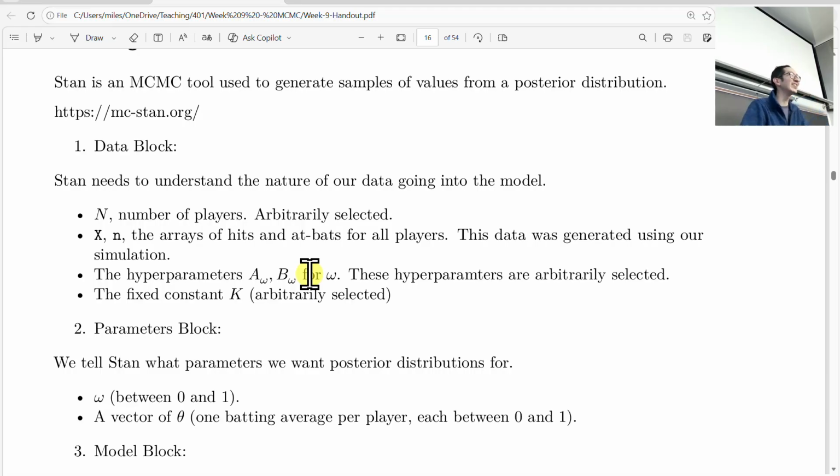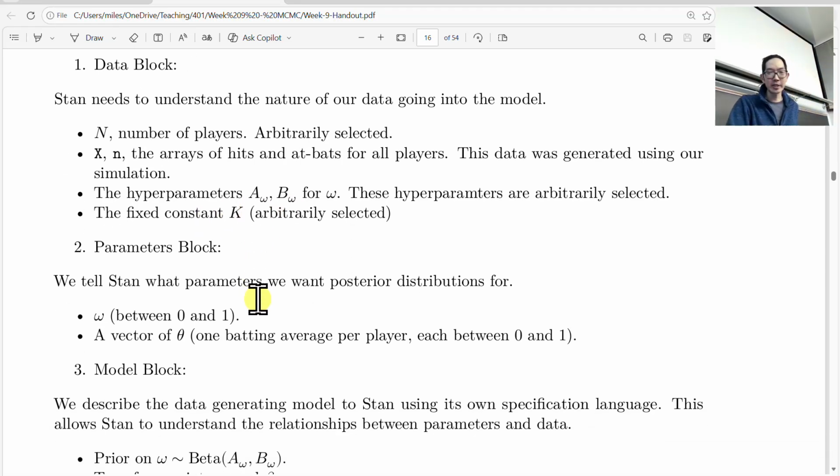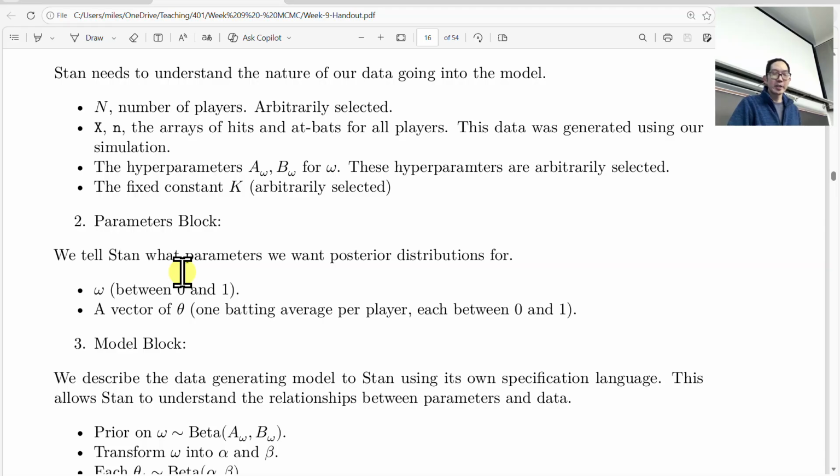Okay, but yeah, the arbitrarily selected ones. Omega is a random variable, but we have arbitrarily selected the hyperparameters for omega, and then also k.